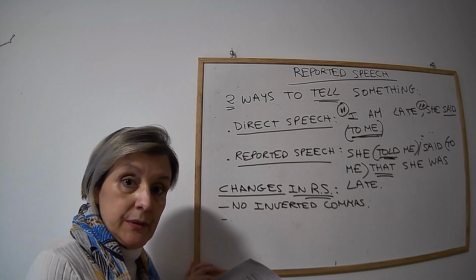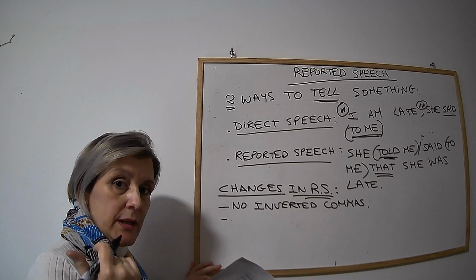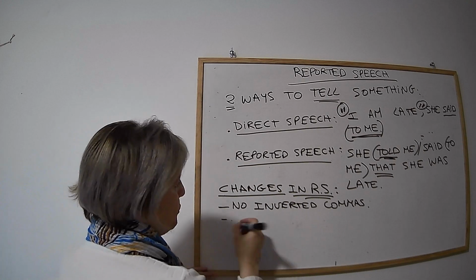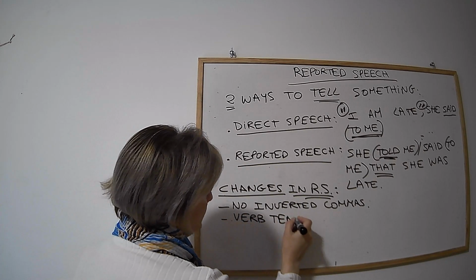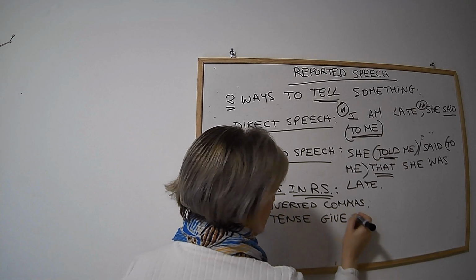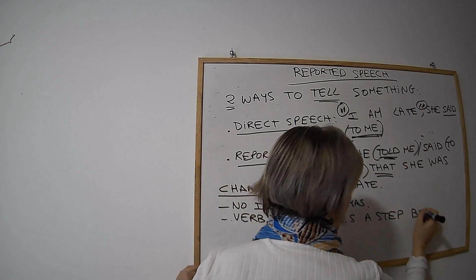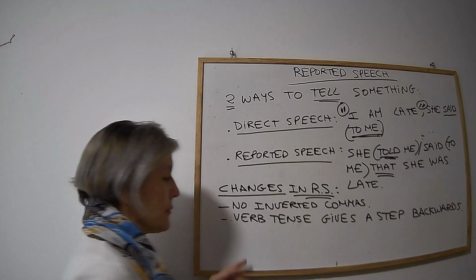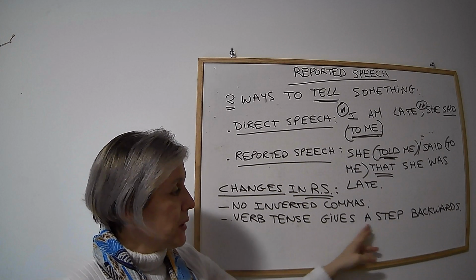The verb changes one step backwards, un paso atrás. Siempre el verbo da un paso hacia atrás en el tiempo. What I mean with that is the verb tense always takes a step backwards.